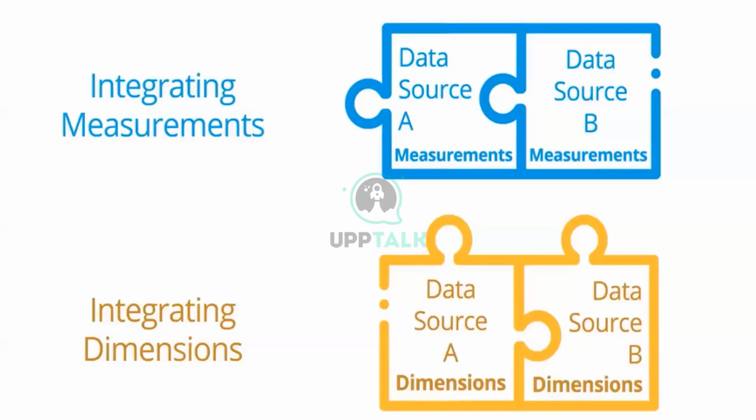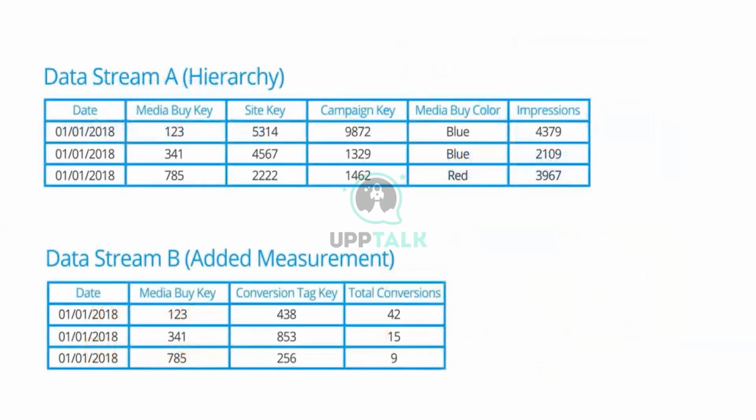Parent-child use cases. Why do we use parent-child for integrating measurements and integrating dimensions? If we have data stream A and data stream B, we have seen all the aspects of parent-child.